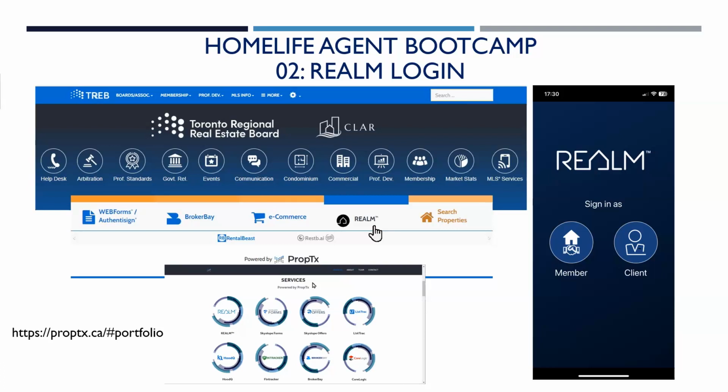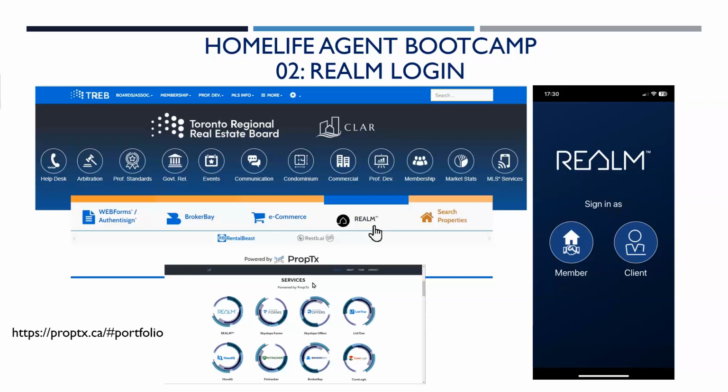So RUM login is simple. Just use your security authenticator with your TRAP ID, then your correct password, your PIN number, and then the authenticator code, and that will be enough.